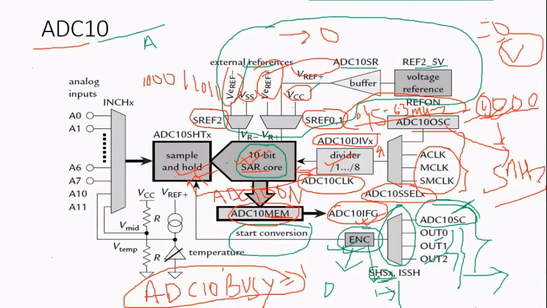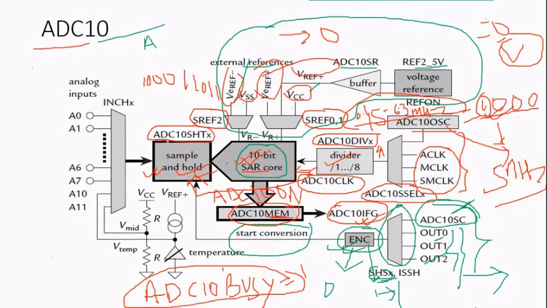Now the sample and hold circuit. It collects the samples. At what time does it choose the input? It depends upon the ADC10SHTx bit. At what time we have to set, so that it will take the input and keep that input.